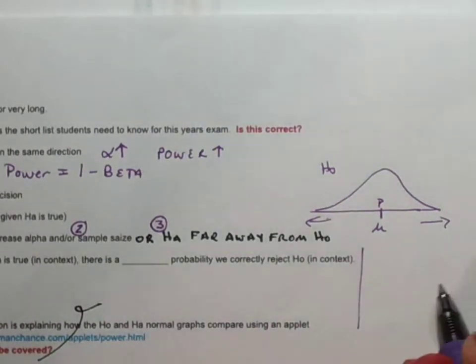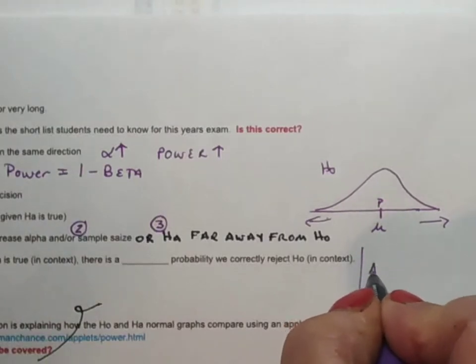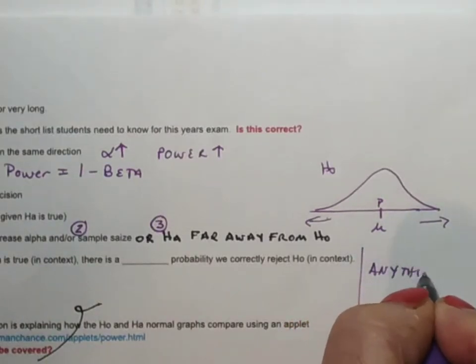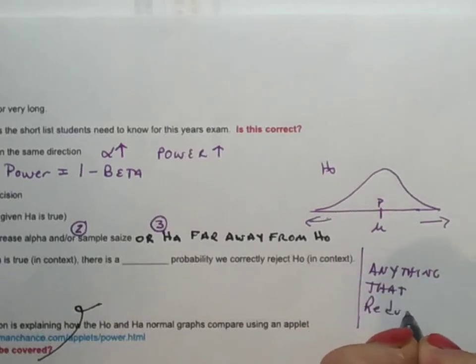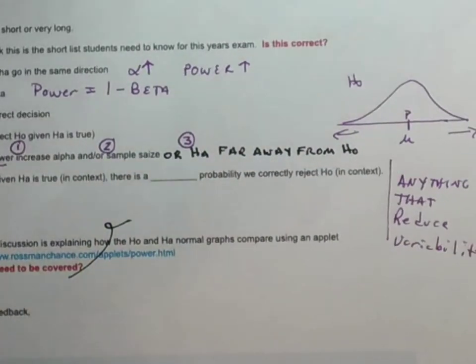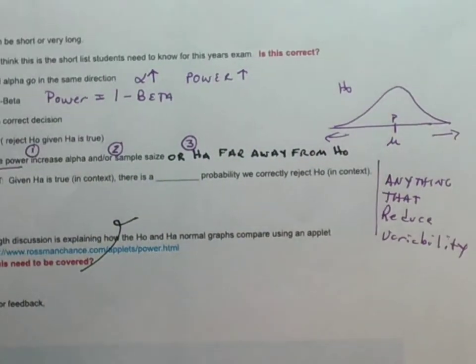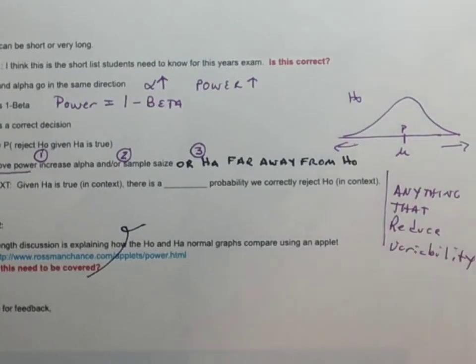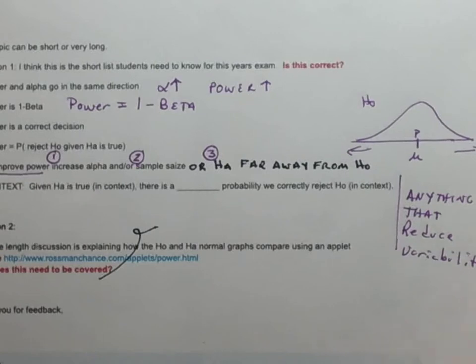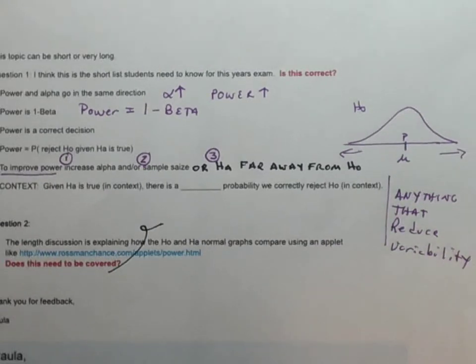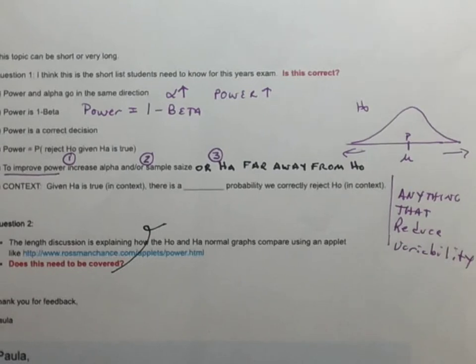Okay, there was one more that was added: anything that reduces variability. So in your study, anything that you can do to reduce variability in your sampling techniques, reduce non-response, have better questions, anything you can do to reduce variability will increase power.